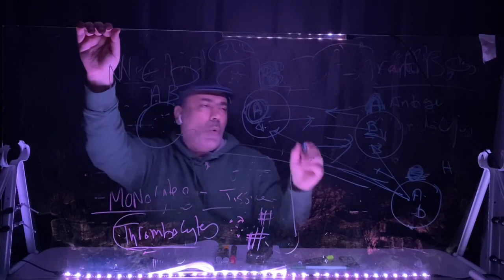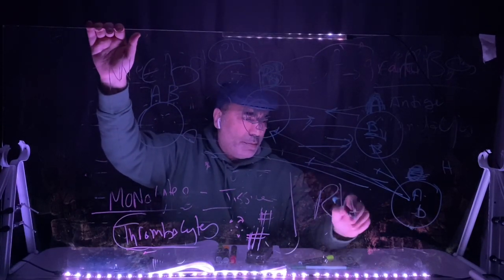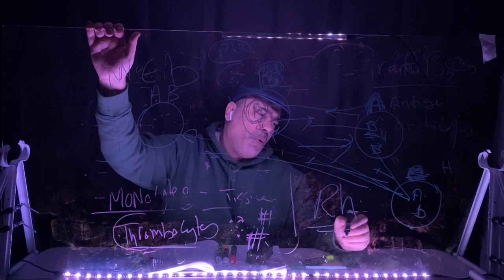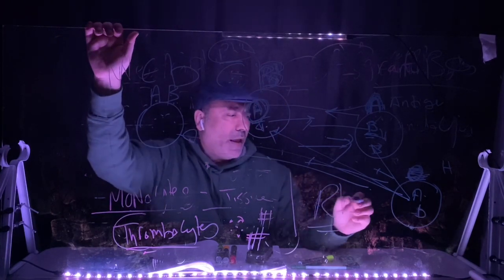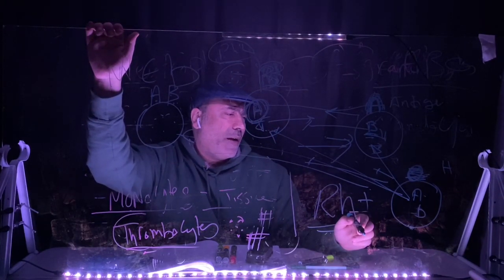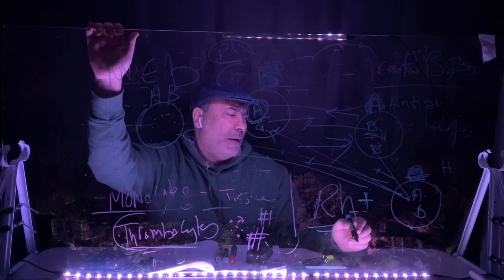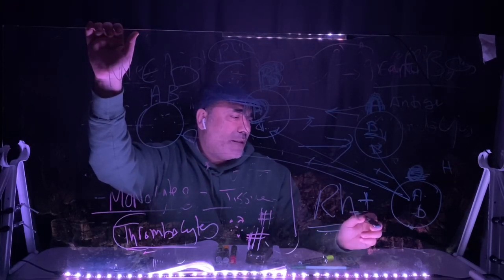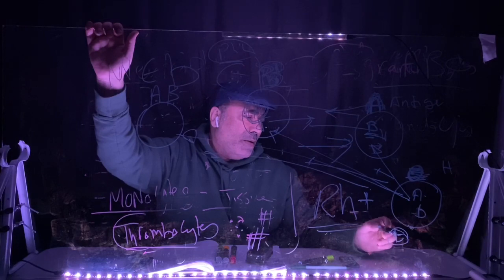There is another one called rhesus monkey, RH. 80% of the population have the rhesus factor, or blood type positive, and only 20% have it negative.